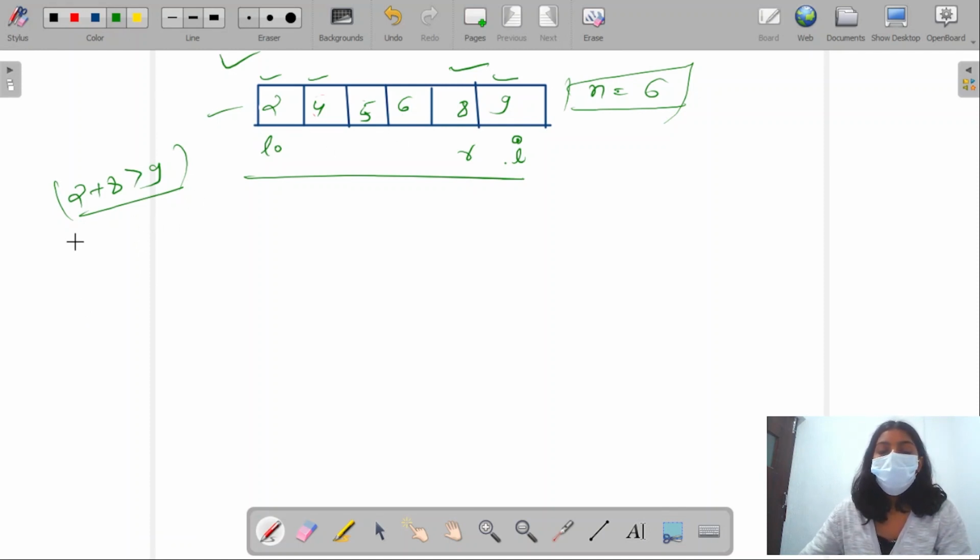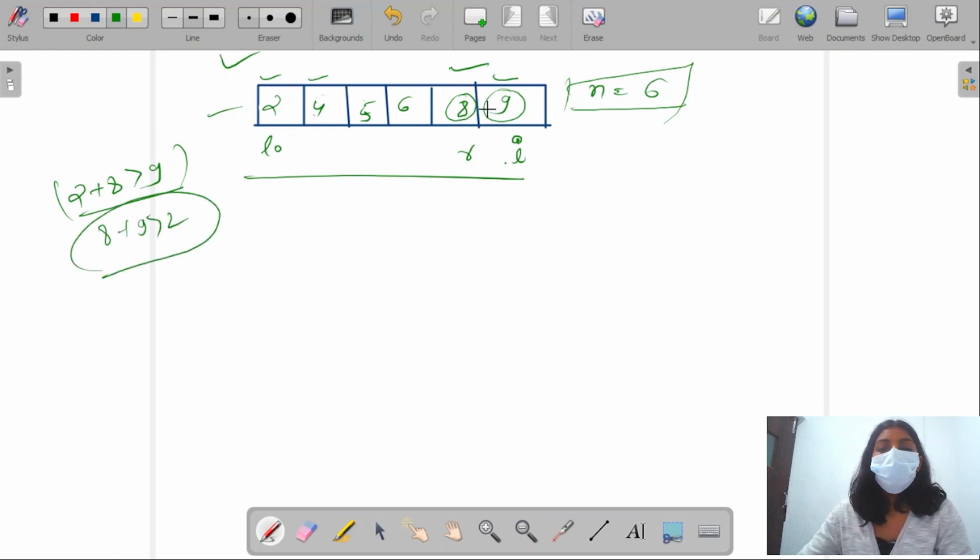Why do I not have to check the other 2 conditions, that is, 8 plus 9 greater than 2 or not? Because if my lowest side plus the second highest side form a sum greater than my highest side, then if I add the highest side to my second highest side, it is definitely going to be greater than my lowest side, right?